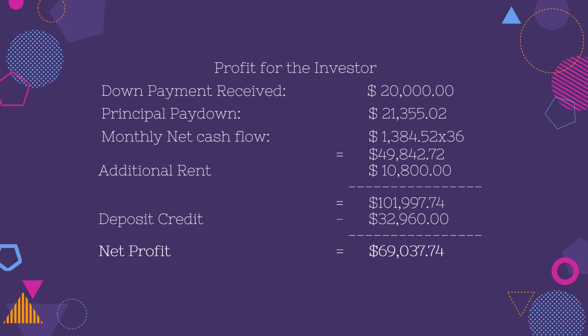Given that the investor has only invested a net of $60,000, that brings his return on investment to 115.06%, which is an excellent return, because nowhere can the tenant buyer invest and get over 38% constant return for 3 years continuously.